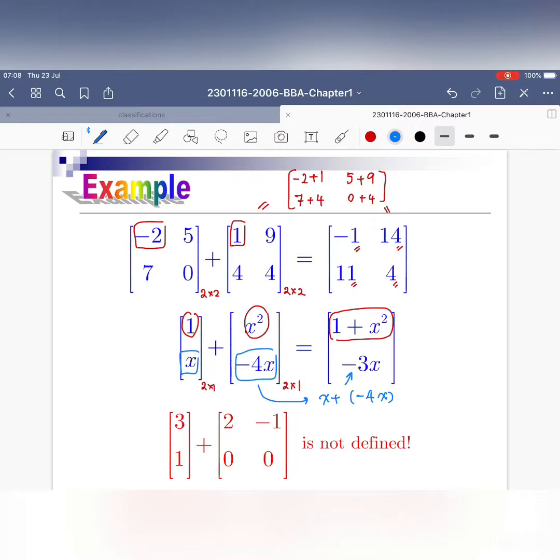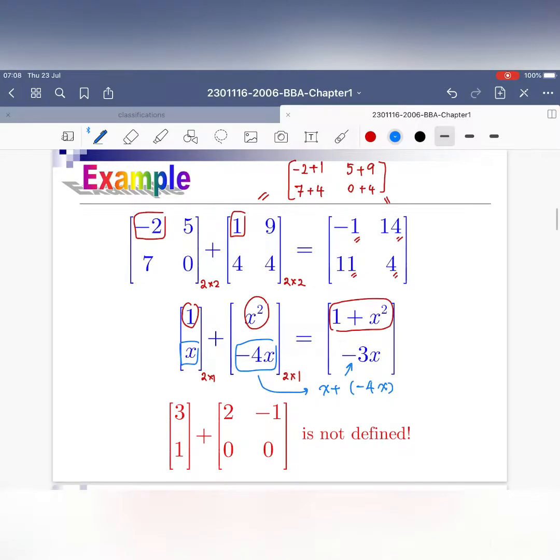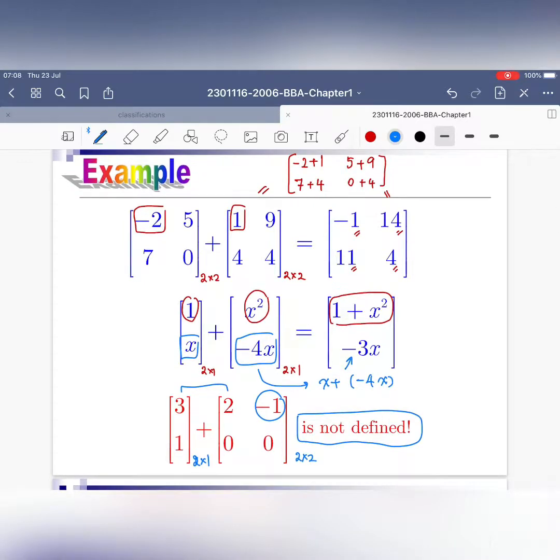If you have different sizes, for example this one is 2 by 1 and this one is 2 by 2, then the addition cannot be defined, because this position can be added, but this position has no one to add, so you cannot define the addition for this kind of matrix.